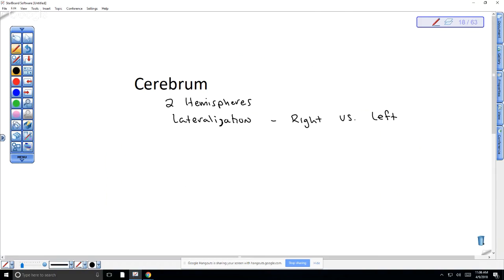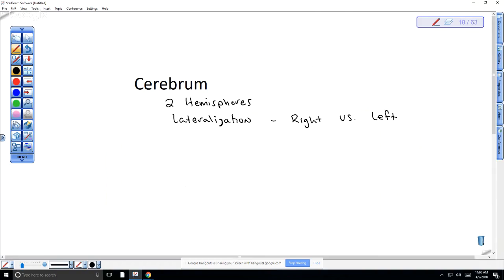So most of the sensory information that is coming from the left side of my body goes to my right hemisphere. So it crosses over at some point and is integrated on my right side. So the left body is perceived on the right side of the brain, and the right side is perceived on the left side.